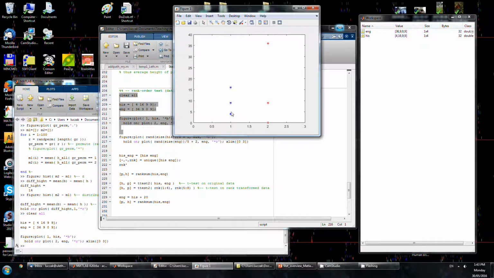Here are the points in the first group and in the second group, and we can see that MATLAB is a little bit misleading when plotting it, because in the first group we have 2 data points at 9 and they are completely overlapping. We only see 3 points. Similarly, in the second group there are 2 points with value 9, and again they overlap and we cannot see it.